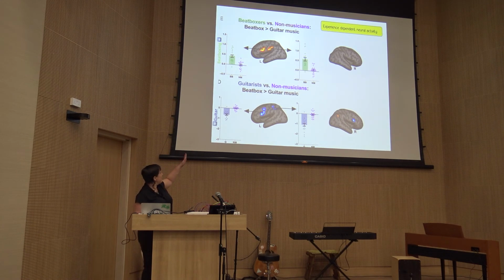So the beatboxers up the top here show left hemisphere activation selectively for when they are listening to beatboxing, but do not show that for when they are listening to a guitarist. The guitarists show selective left hemisphere activation for their highly learned instrument, the guitar, but they do not show it for beatboxing.